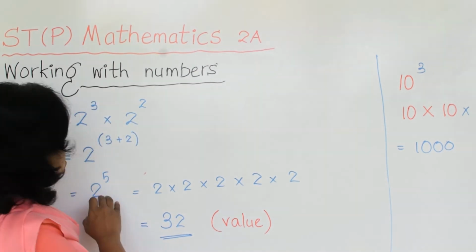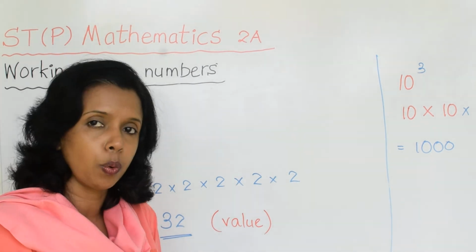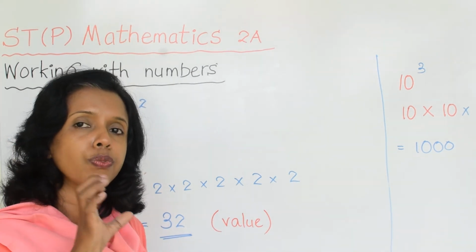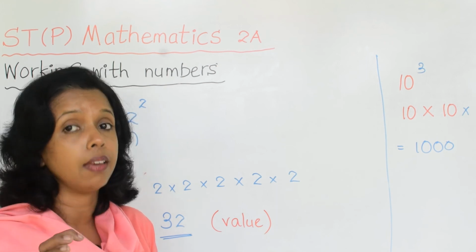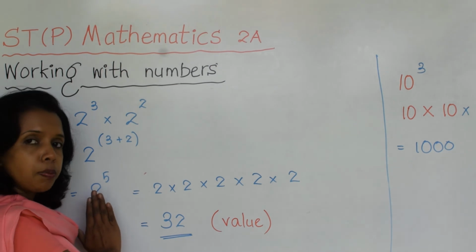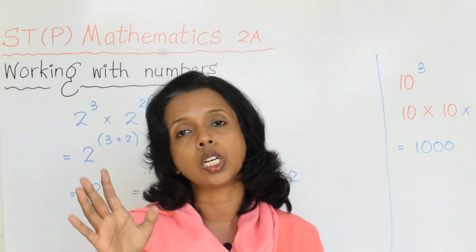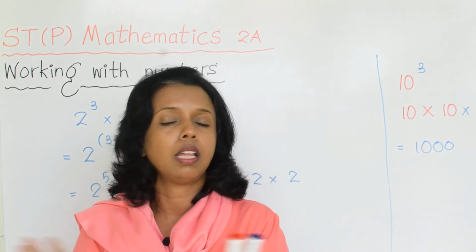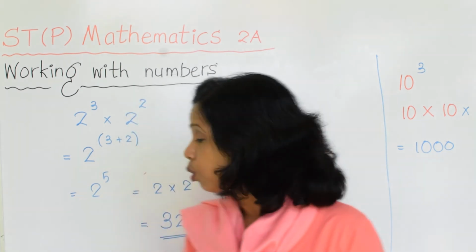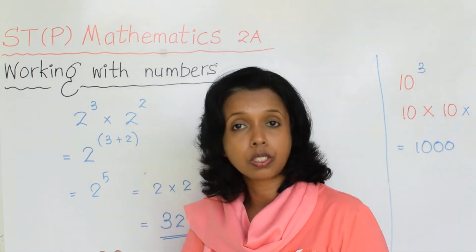So 2 to the power 5 is the answer or the value in index form. Specifically, if they mention find the value in index form, you want to do only up to this. But if the question itself says find the value, and they have not mentioned index form, it's better to go for this step because they are asking for the value.